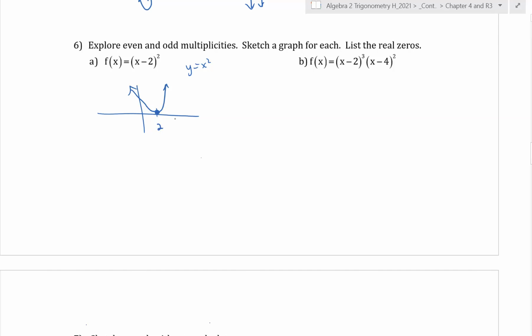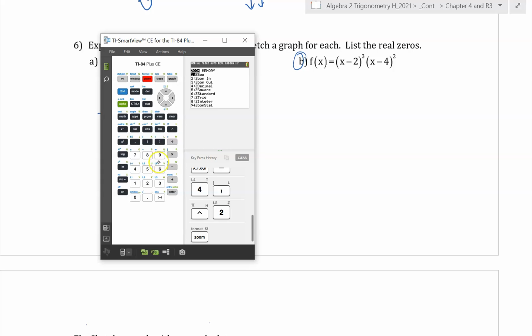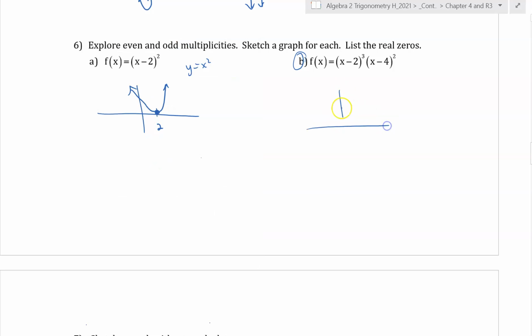We'll go ahead and pause the video and let's put part B in our calculator and see what happens. All right, I'm going to go ahead and do a zoom 6. Let's see what this one looks like. Oh, very interesting. Okay, so notice this particular graph. It looks like at 2 and 4 we had x-intercepts. Those are zeros.